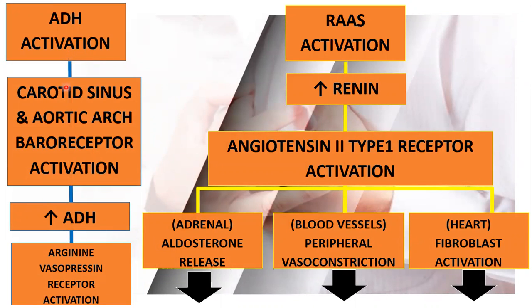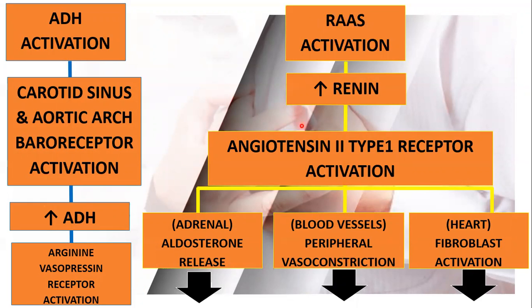This would now stimulate the carotid sinus and aortic arch baroreceptors, and that now would increase the release of antidiuretic hormone, and it would lead to arginine vasopressin receptor activation. On the other hand, the RAS activation would also increase renin from juxtaglomerular cells in the kidneys.